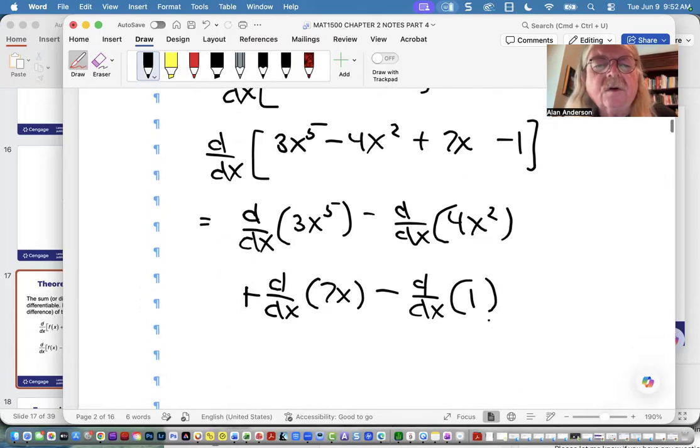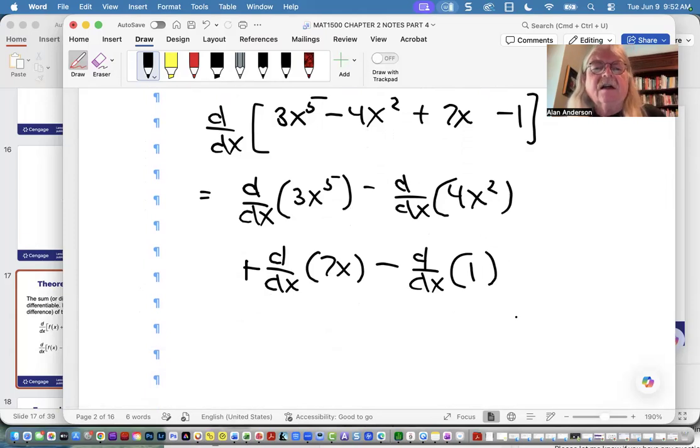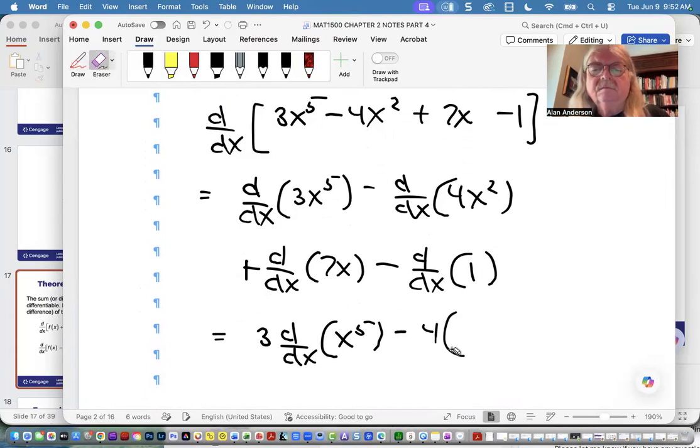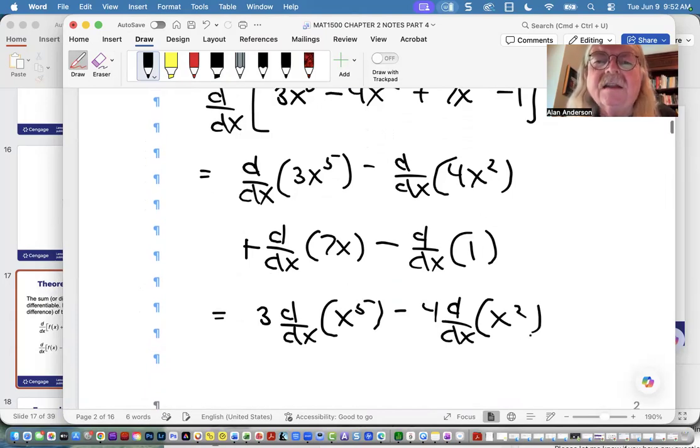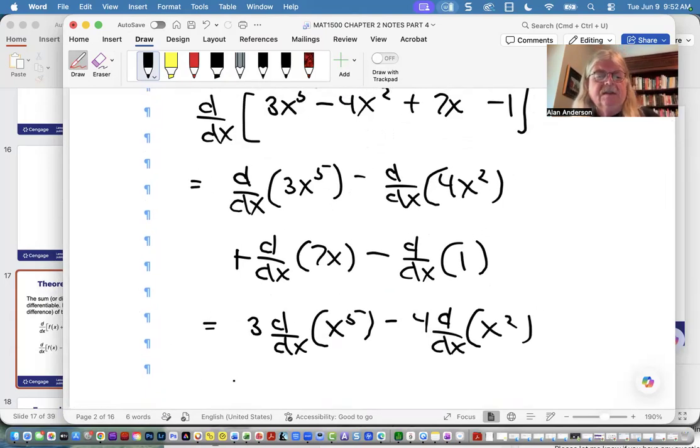And then what I could have done is just factored out the constant in the beginning. Just make sure you don't lose track of the signs when you do this.